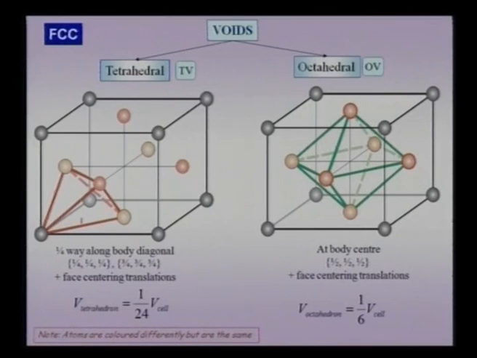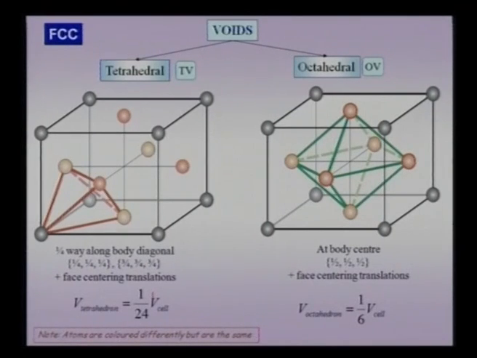Now, the volume occupied by a tetrahedral void is 1/24 the volume of the unit cell. That is an important number, because it will give a measure of how big a sphere can actually sit in this tetrahedral void.